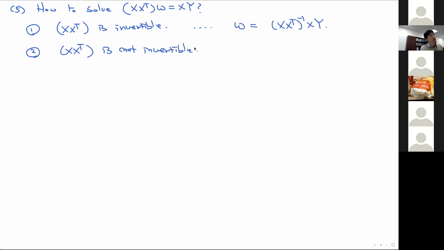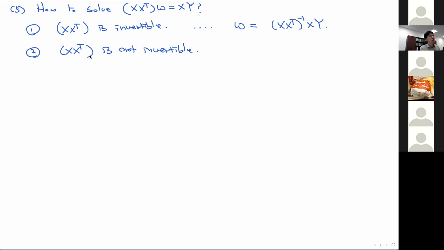Then you may ask, is there a solution in this case? And if there's a solution, can we characterize all the solutions? And also if there are many solutions, is there any good criterion to choose one out of all those solutions? I think number one is simple, so perhaps everybody knows up to number one, and perhaps also number two.